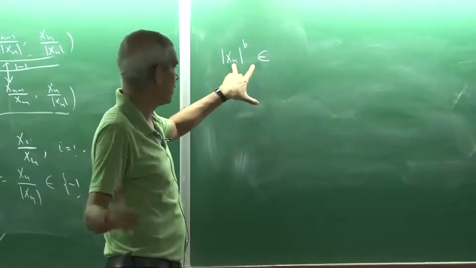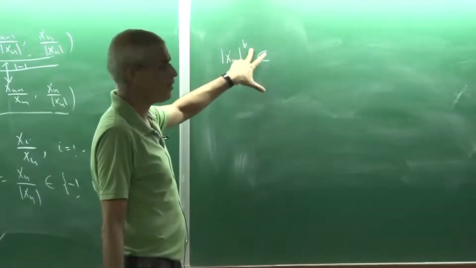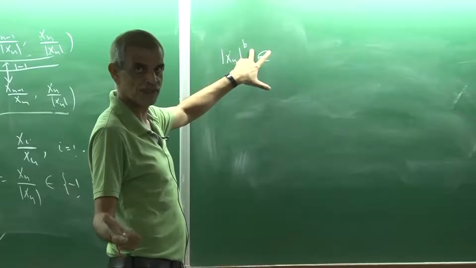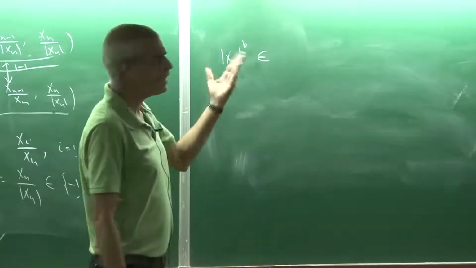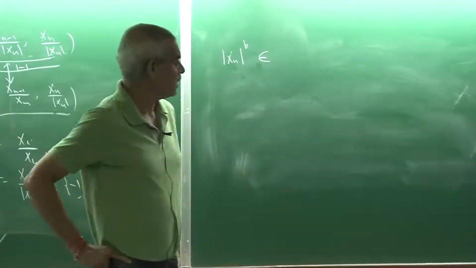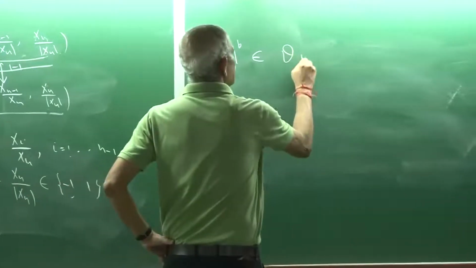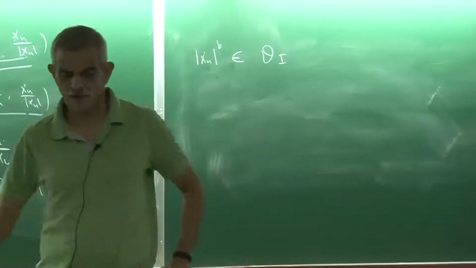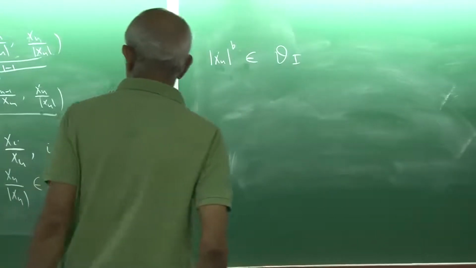C is positive, so mod of c to power b into mod of xn to power b would become c to power b mod of xn to power b. So this is invariant. Mod of xn to power b itself is an invariant estimator.